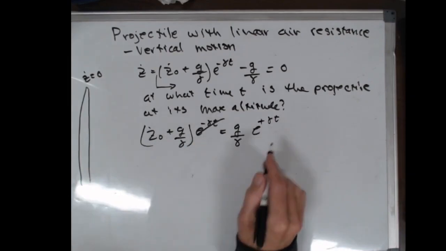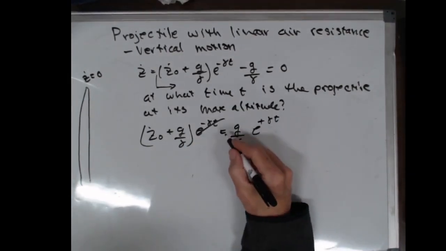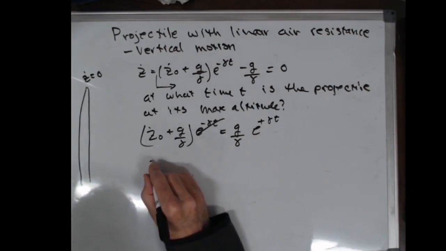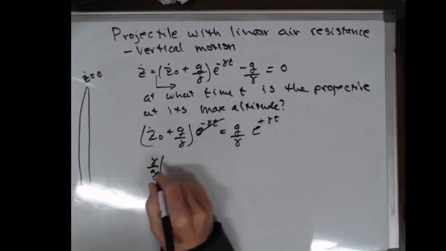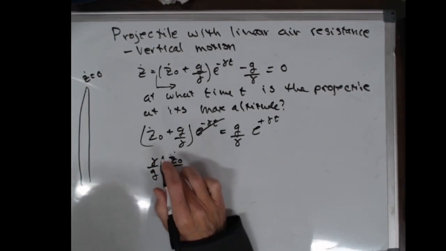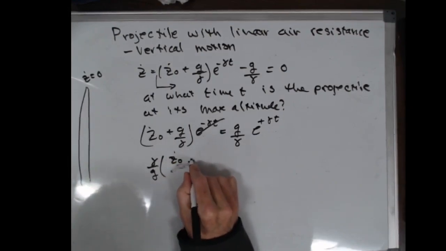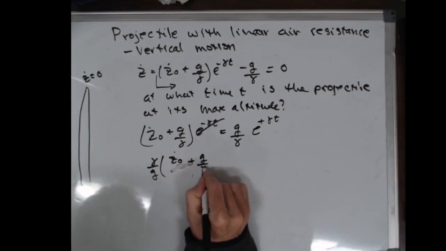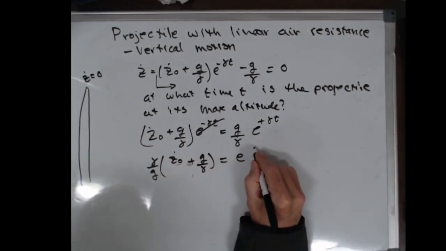If I multiply both sides by e to the gamma t, then I can divide this guy back out, and I multiply both sides by gamma over g, giving gamma over g times z dot naught plus g over gamma is equal to e to the gamma t.